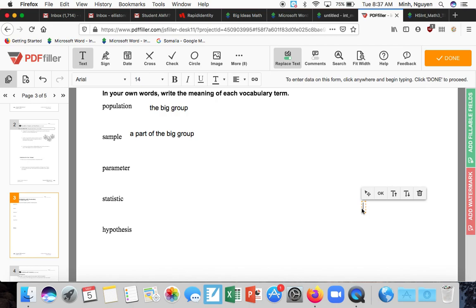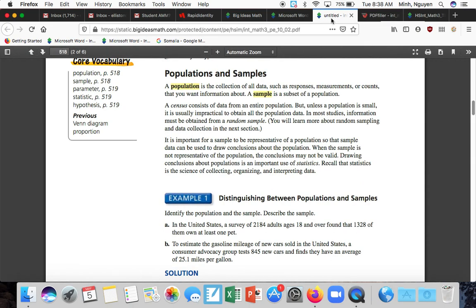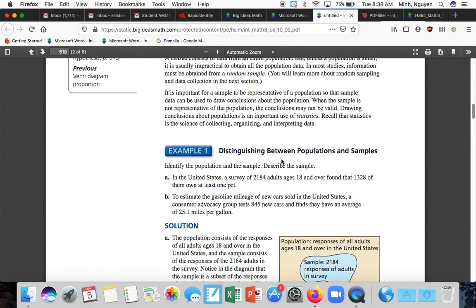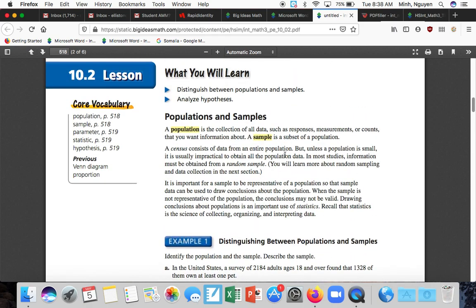Or the population is Americans, and a sample is just some group of Americans. Or a population is all Americans over 18, and a sample is all Americans over 18 with a job. Again, a population is the bigger group, and the sample is a part of that bigger group. A subset means a set under.